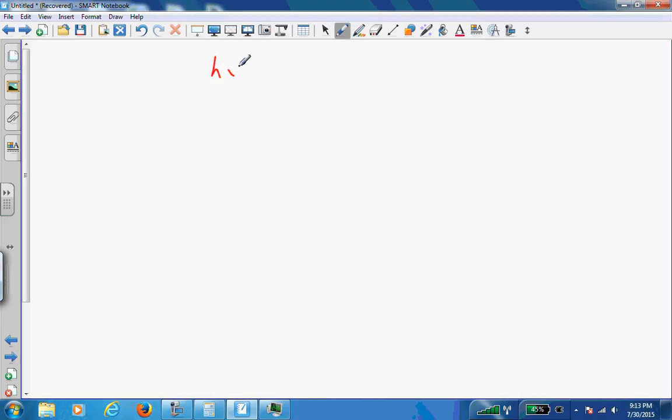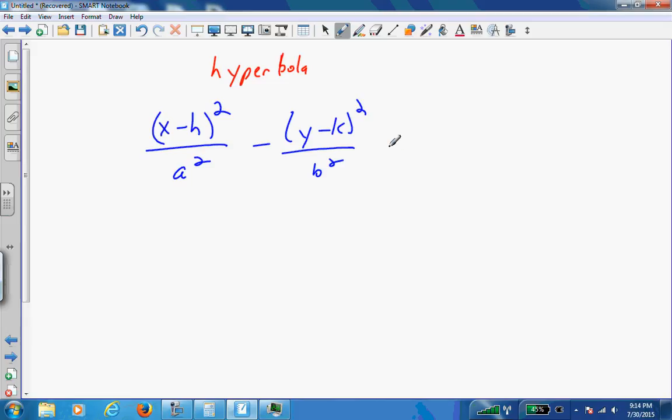Now the next conic section is hyperbola. Remember, those are the things that look like that or like that. So if we want to look at the equations that give us hyperbolas, we have two versions: x minus h squared over a squared minus y minus k squared over b squared equals 1.